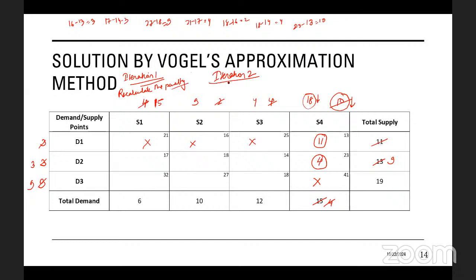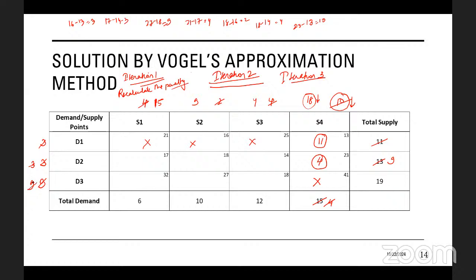Now we'll do iteration 3. Again, we'll start with D2.